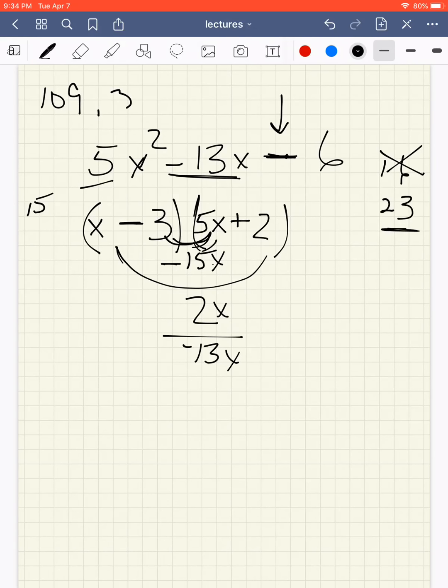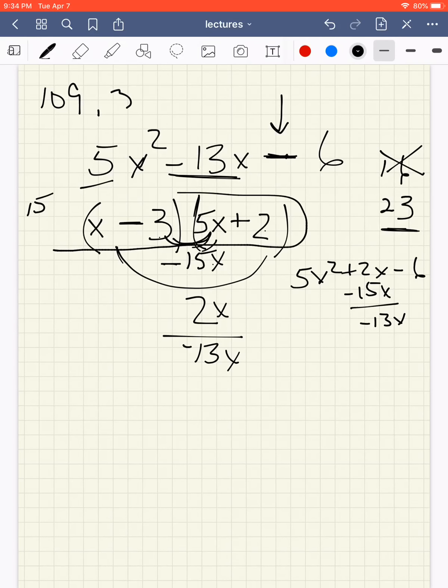This has to be a positive. Okay, now check it using FOIL. x times x, 5x squared. Outer, plus 2x. Inner, minus 15x, subtracts to be minus 13. And negative 3 times 2 is minus 6, so it does check. Alright, so we tried a couple different things.